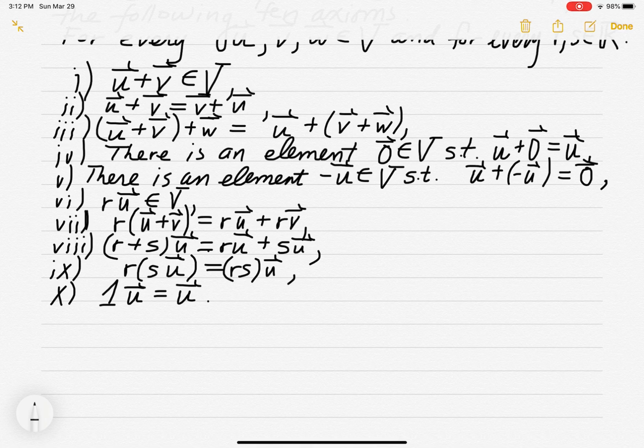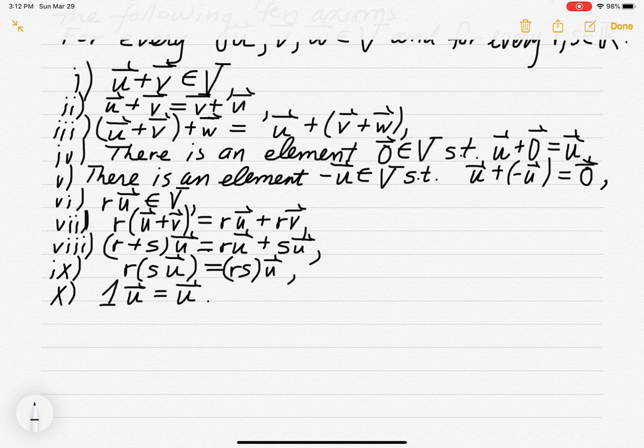Property 9, there's kind of an associative property here for scalar multiplication. So r times (s u) is the same thing as (r s) times vector u. And finally, the number 1 times any vector is back to that vector.